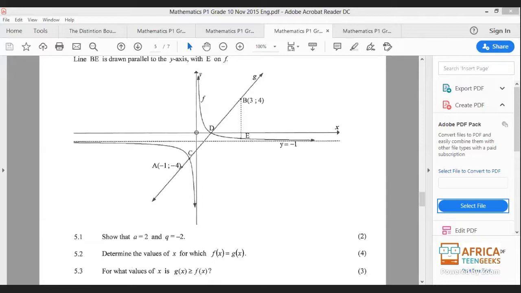Then y is 4. Therefore 4 is equals to 2 times 3, putting 3 in brackets, plus q. And this is your step 2.